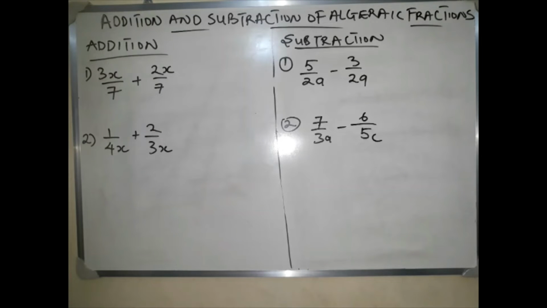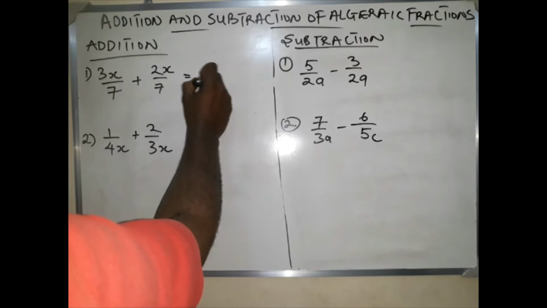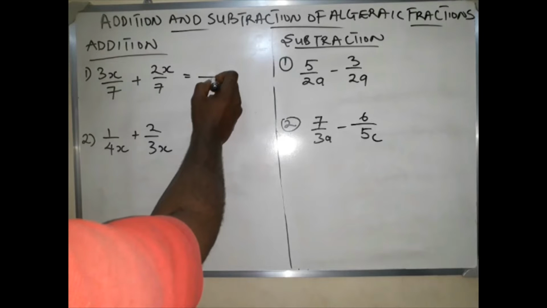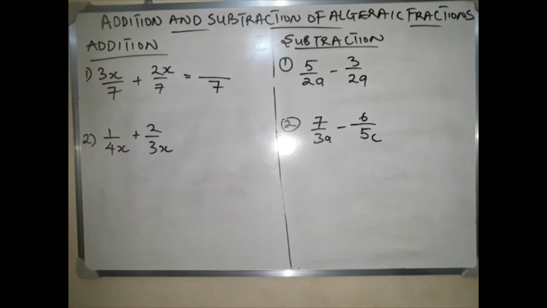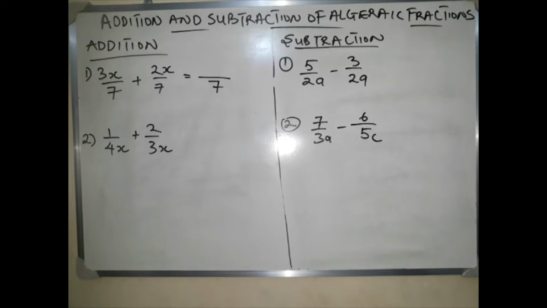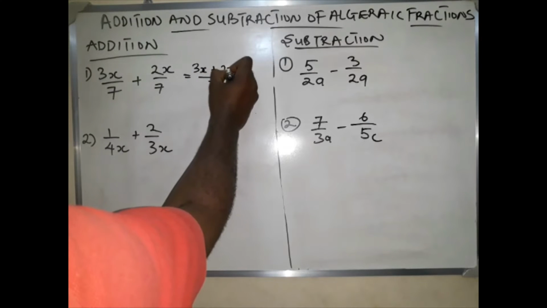So since we have a common denominator, we can just go ahead and put our over sign. We have a common denominator, which means that we can just write 7 under the over sign, and then what we do, we add the numerators, 3x plus 2x.